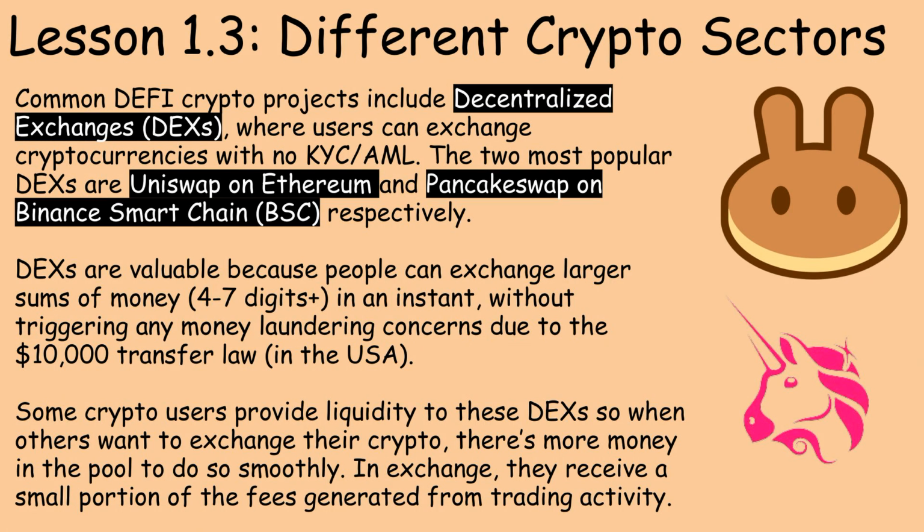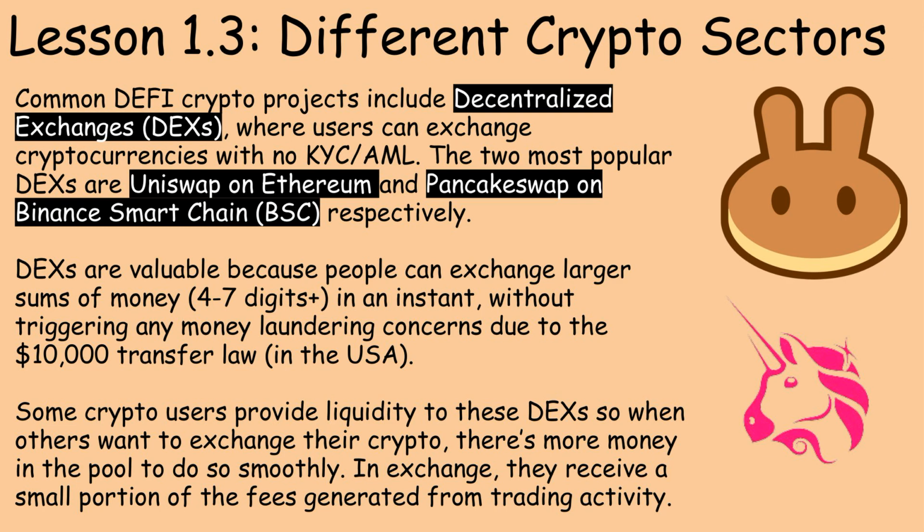So common DeFi crypto projects include decentralized exchanges, referred to as DEXs, where users can exchange currencies with no KYC or AML. The two most popular DEXs are Uniswap on Ethereum, which is the one on the bottom, and PancakeSwap on Binance Smart Chain, or BSC, respectively, with PancakeSwap being on the top.